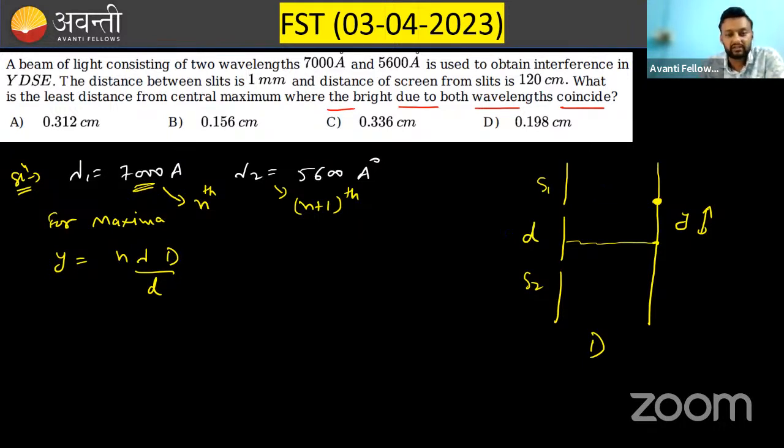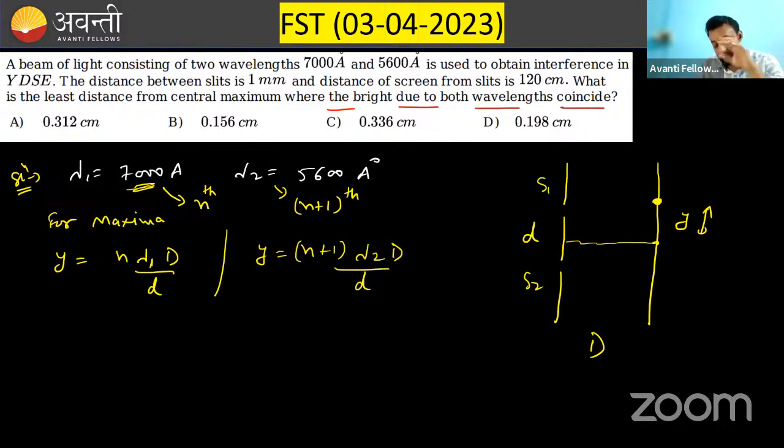For the least distance, the condition is that the nth maxima of the higher wavelength will coincide with the n plus 1th maxima of the lower wavelength. So I will write y is equal to n lambda 1 D by d. And for wavelength 2, y will be (n plus 1) lambda 2 D by d.